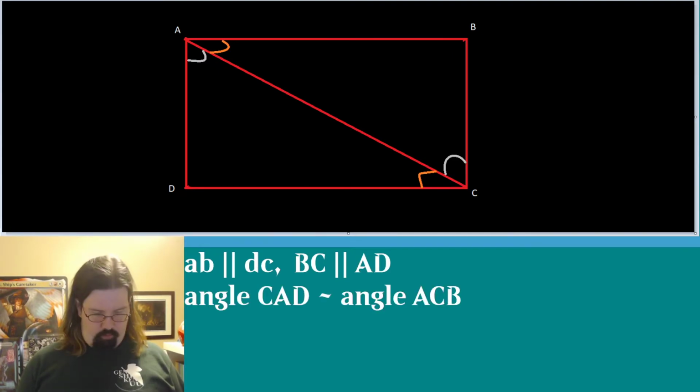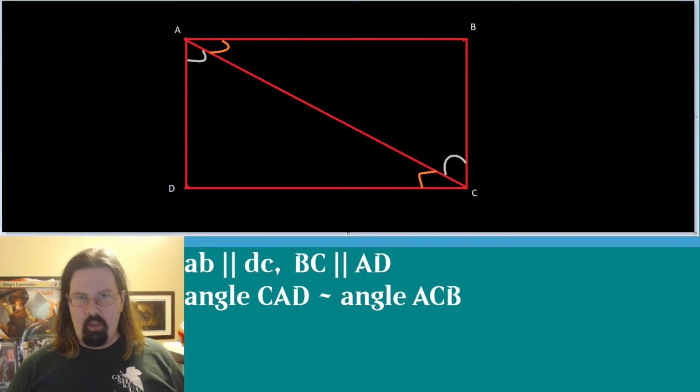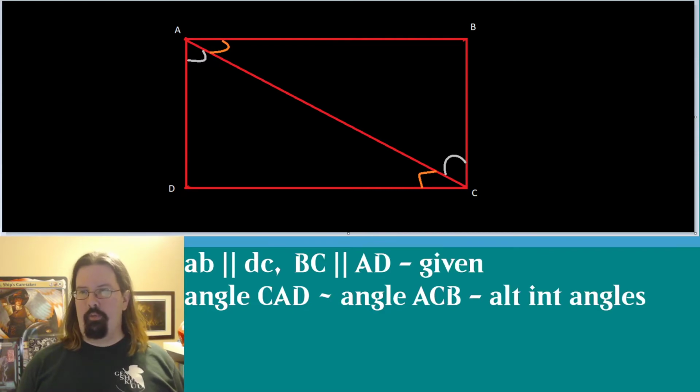And then actually, let's just do this in given. And then alt int angles. And then we have angle ACD is congruent to angle CAB.